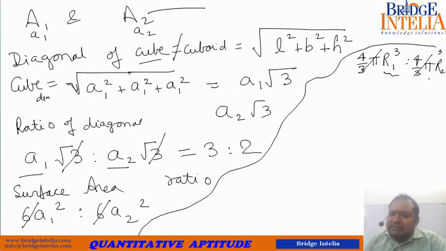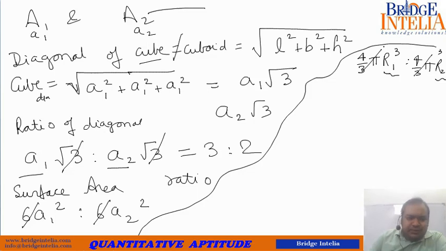Only the variable part remains. So whenever you are comparing, by comparing I mean whenever you are taking the ratio, the constant part of the formula can be ignored in totality, because you are taking the ratio, it is going to get cancelled eventually. So we will see a few more examples later on.